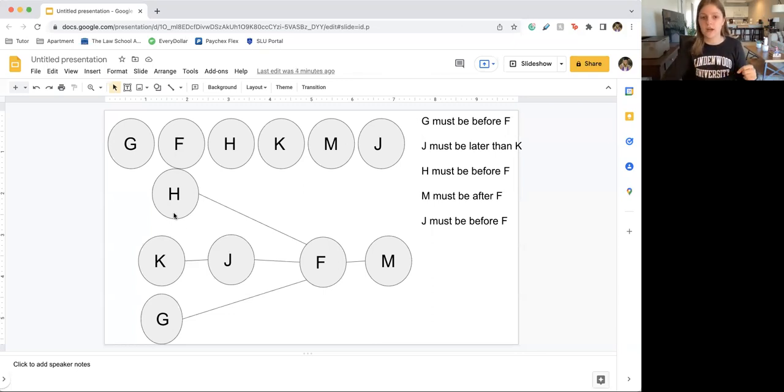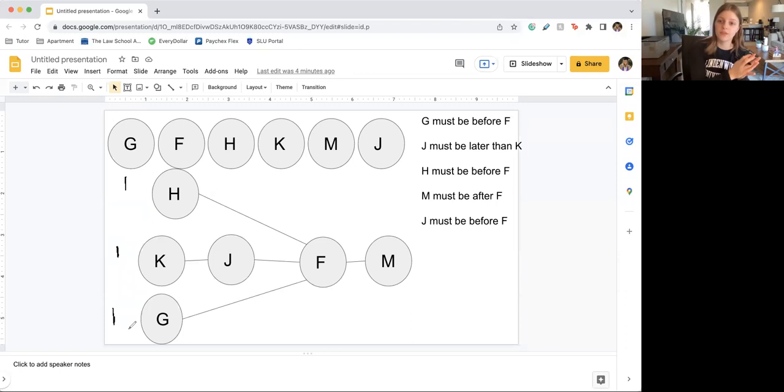H and G don't have anything before them, but they could go first because they just have to be before F. We don't care about the relationship between H and K or H and J. It's not connected, so H could go first. K could go first because it doesn't have anything in front of it, and G can go first. Now I try to figure out how many can go after it.